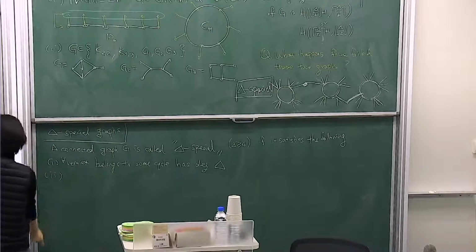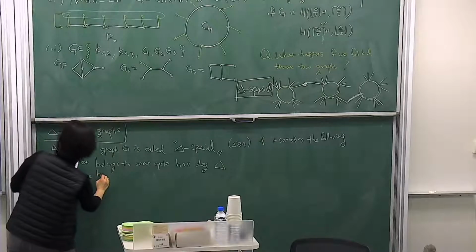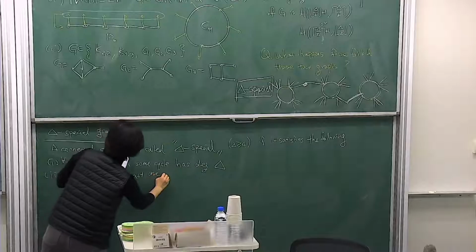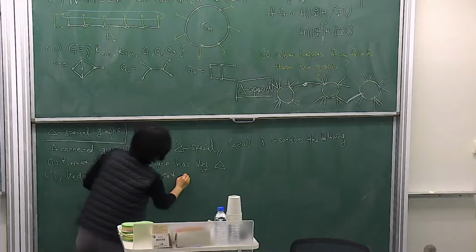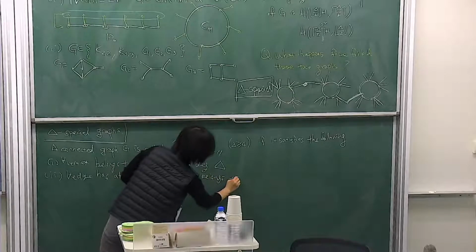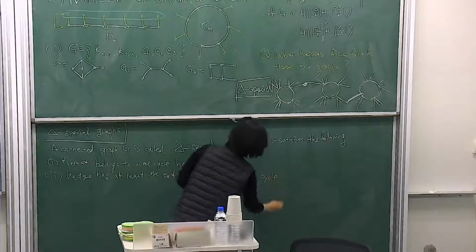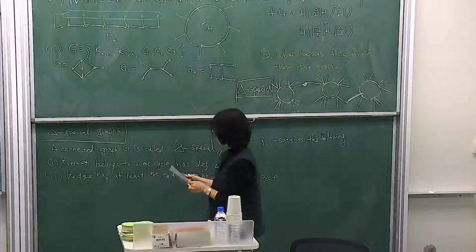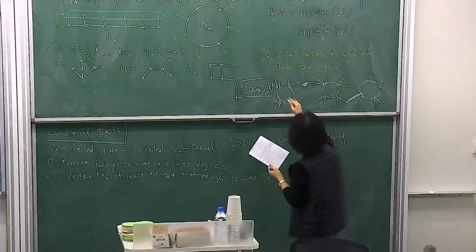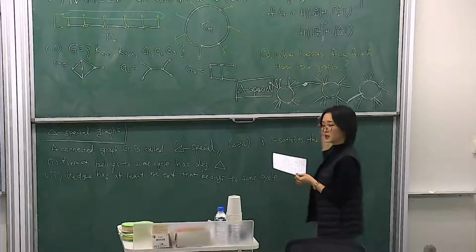And also, every edge has at least one end that belongs to some cycle. So the vertices that do not belong to a cycle should form an independent set.